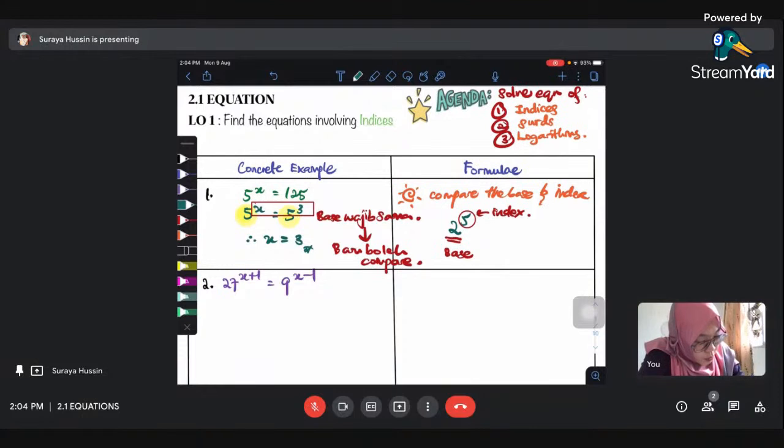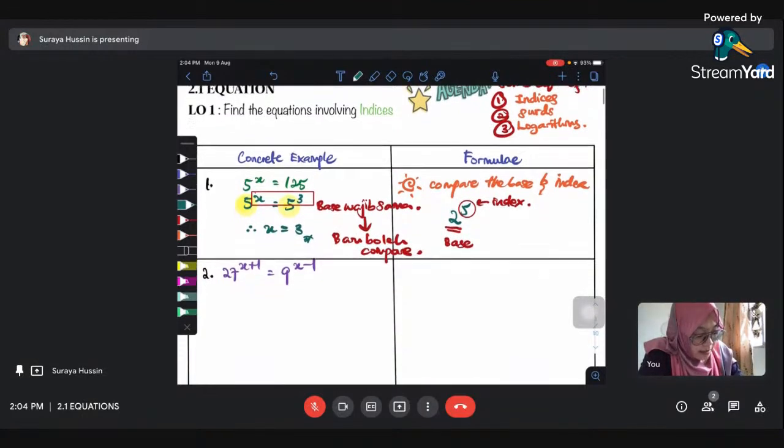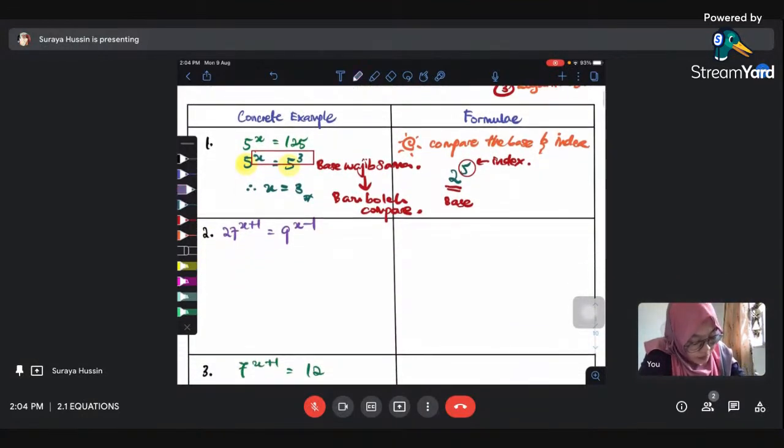Okay, let's go to the next example. Okay, so as I said, you have to know which base that you boleh compare dengan mudah. You kena make sure yang base tu adalah sama, but in this case, you don't have the same base. So what number that can provide you the same base?